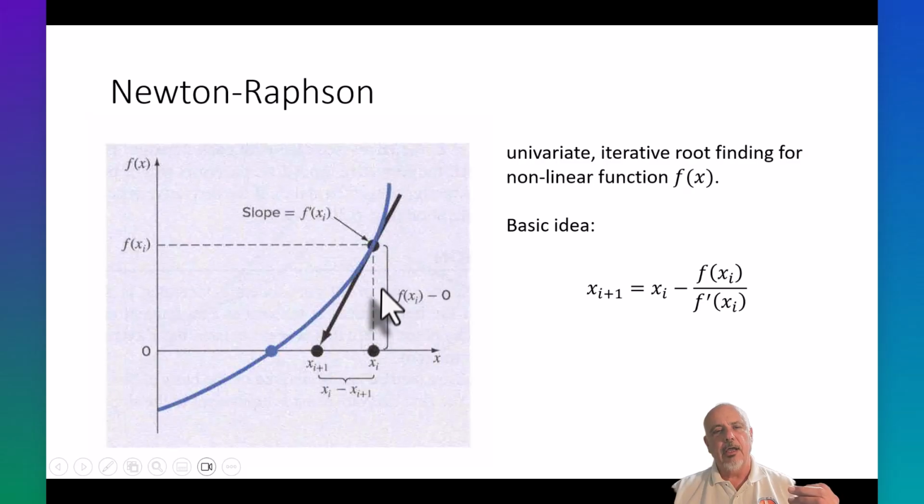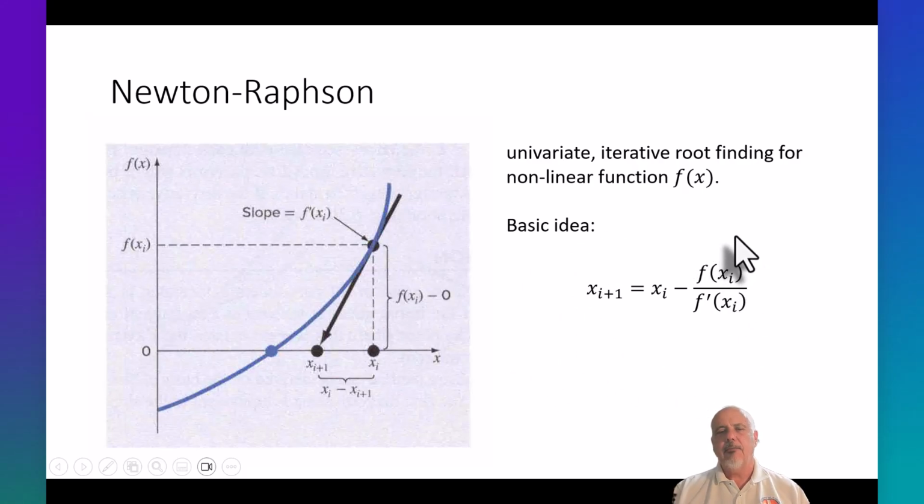So this is your current x. At that current x, you have a certain f value, and you have a certain slope there, and you're going to use those two things to figure out what the next x iteration would be. So that's the Newton-Raphson equation.